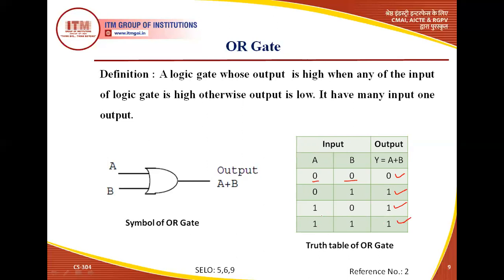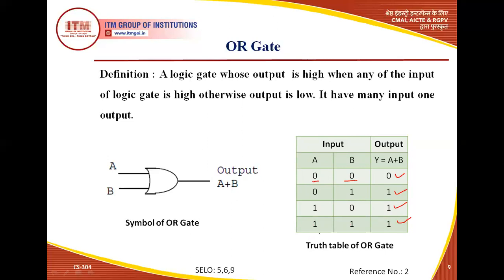Now we can see the difference between the logical OR operator and the plus arithmetic operator. If it is the plus arithmetic operator, that means the symbol is used for addition, so 1 plus 1 is 2. But in case of the logical OR operator, 1 OR 1 produces the output 1. That means high.